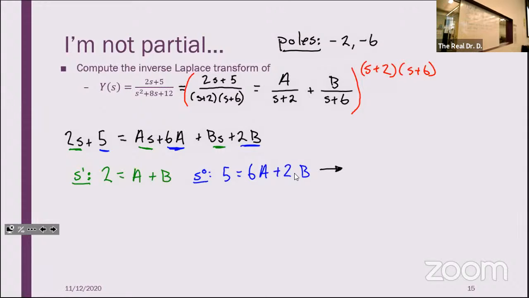I will solve both of these simultaneously using my favorite method. And I'll get A is 1/4 and B is 7/4.